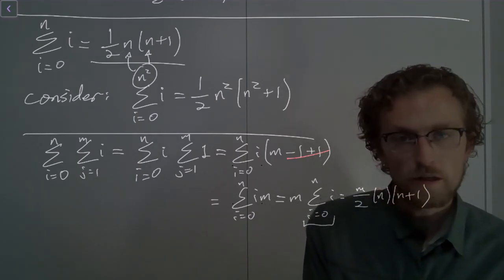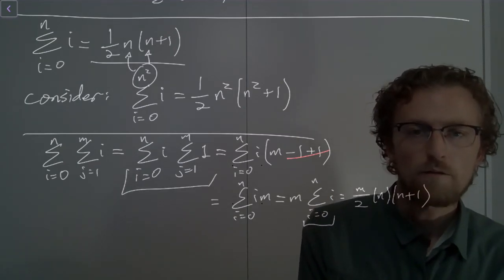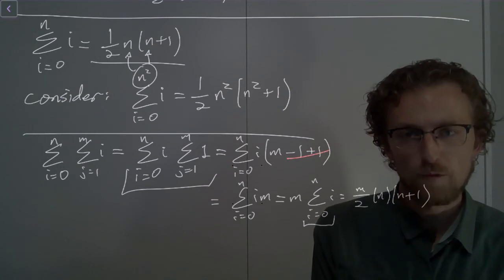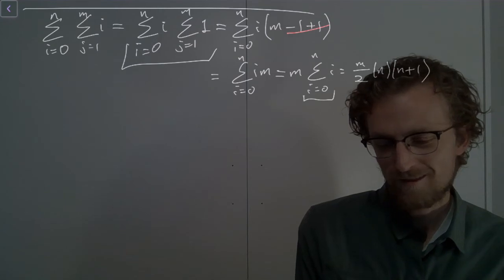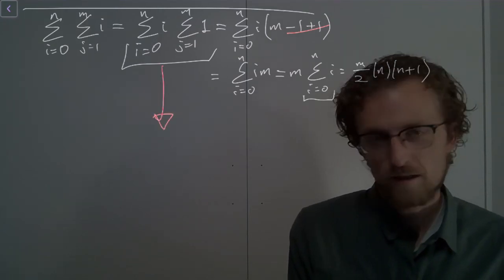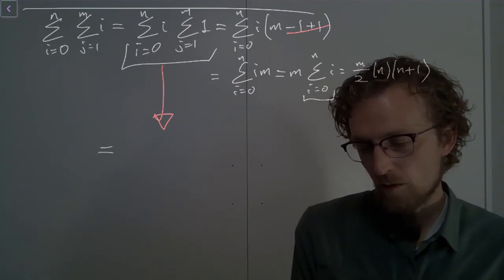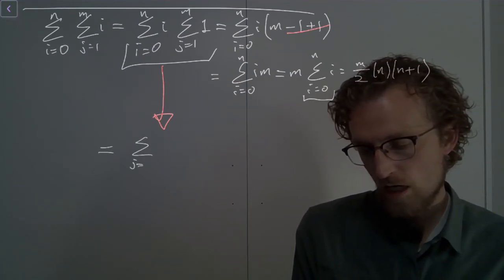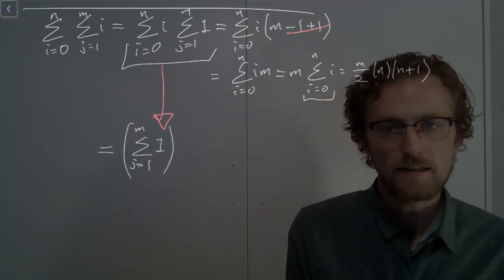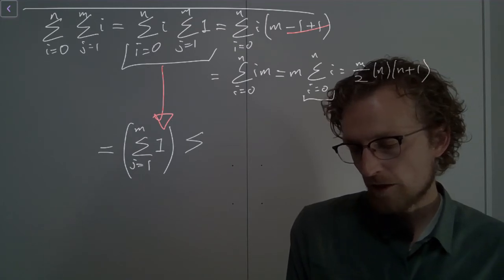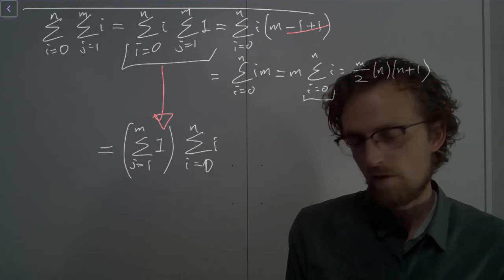So something to notice here is that as soon as I was here, I could have factored out that second sum from the first one. So let's chase this in an alternate universe. Let's go into an alternate derivation down here. I can say this is exactly equal to the sum from j equals 1 to m of 1, treated now as a number, an expression that was factored out of this sum, i equals 0 to n of i.